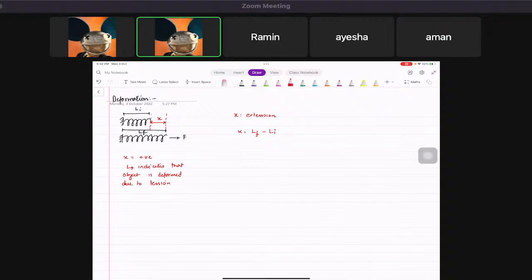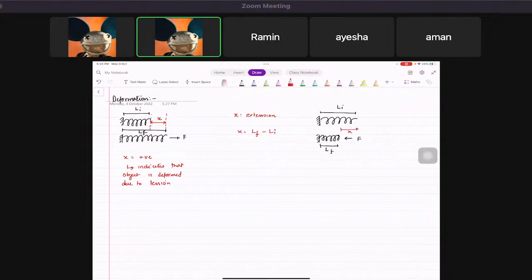However, if the same object, which was like this initially, Li, is now compressed because you pushed it like this, its new length is going to be Lf, and now this is the extension.